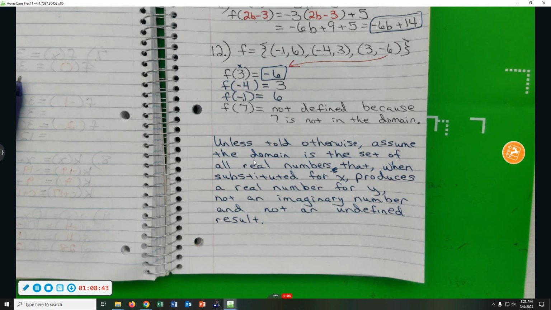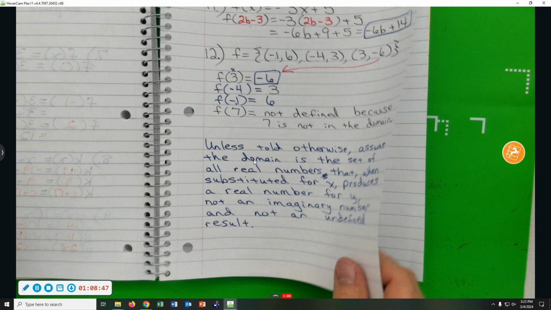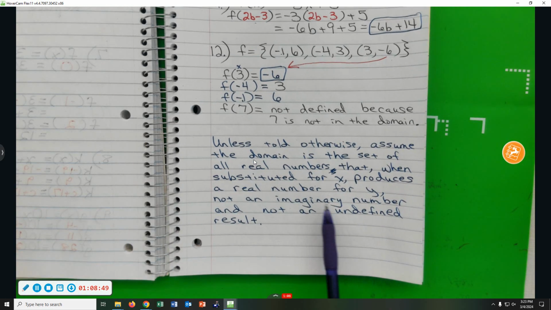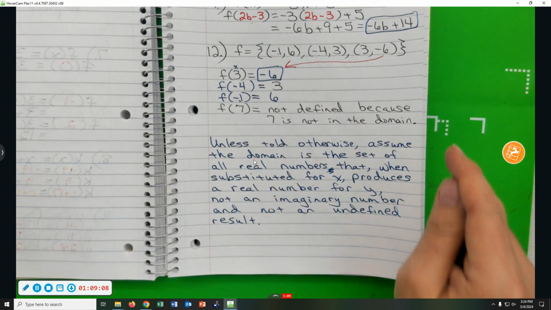There are 2 huge things that you have to avoid when finding domains. When you create an imaginary number, we haven't seen a single imaginary number today. When do imaginary numbers occur? What is i equal to? Not just -1. There's more to it than that. The square root of -1.